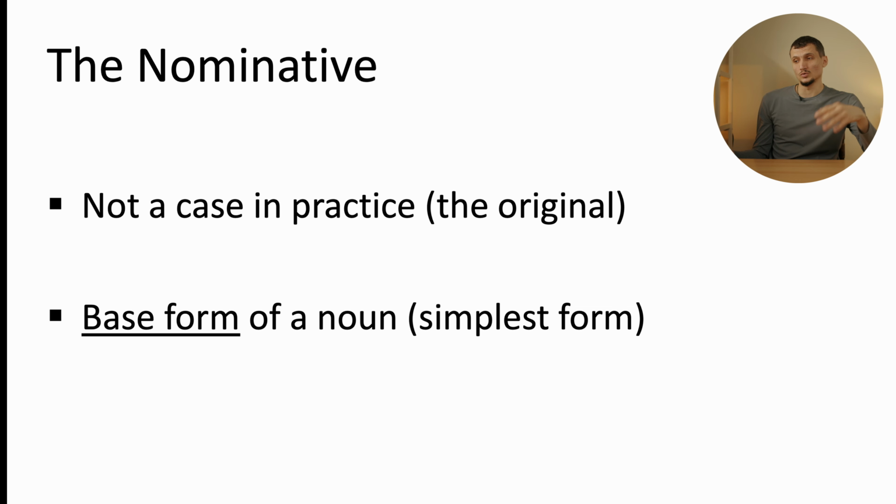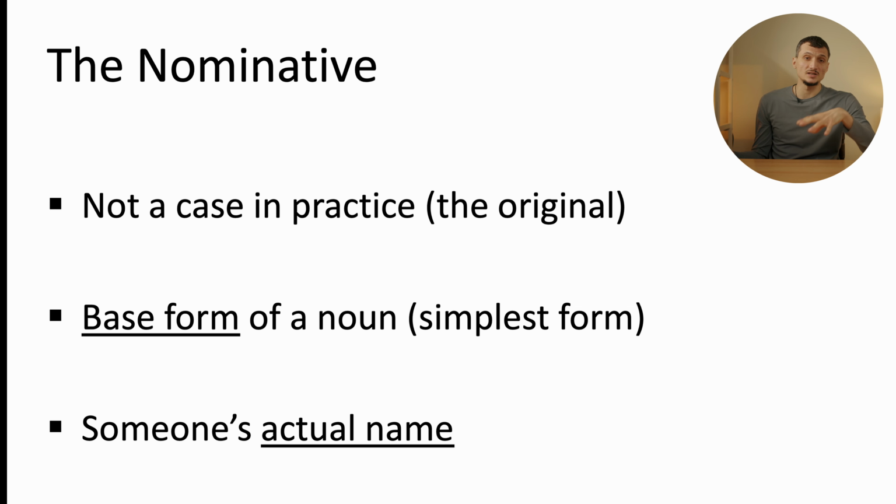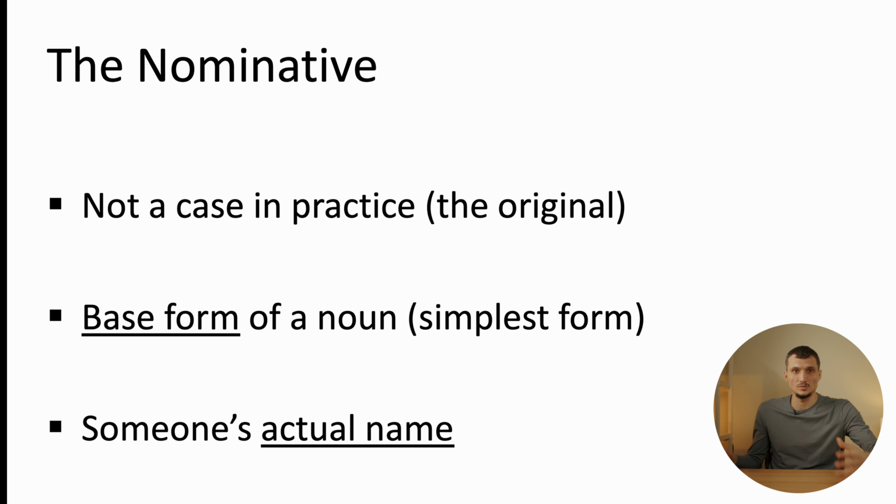And when it comes to the names of people, it's even easier to remember because that's someone's actual name. That's why it's called the name case, because it is the version of a name or noun that's actually not a version. It's the person's actual name before we butcher it by putting it in different contexts within Slovenian.